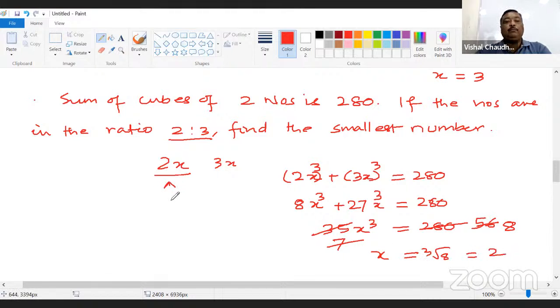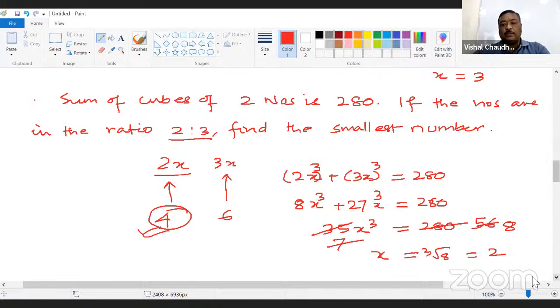So what will be your numbers? Your numbers will be 4 and 6. The smallest number I have to find, and that is your 4. Is it clear? These are some examples of your ratio questions.